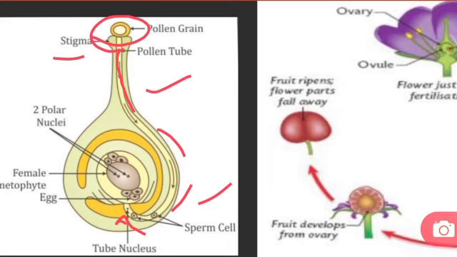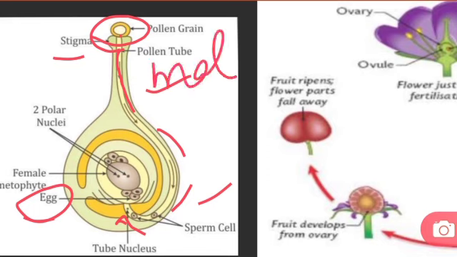Inside the ovary, what is present? Inside the ovary, ovule is present, and inside the ovule, egg is present. Okay, so this pollen grain contains the male gamete and here is present the female gamete. So what will happen? The male nucleus will come and fuse with the female nucleus.